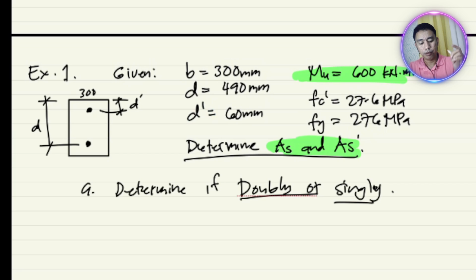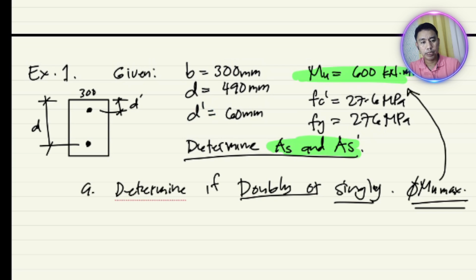Paano yan? We solve the phi mn max. If this is the capacity of the section, if this is greater than mu, singly. Okay? But if less than mu, then we say doubly reinforced. Okay?